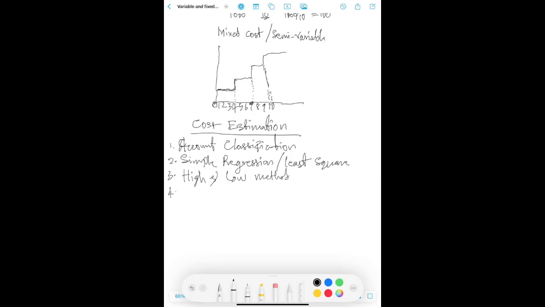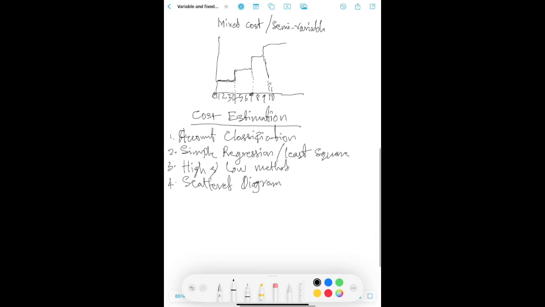Then 4, we have the scatter diagram method. We also have what we call the engineering method. But we will concentrate on these because that is not much considered. Even this account classification method is not much considered because of how subjective it is. That's a major setback with account classification, or what you call the account analysis method.